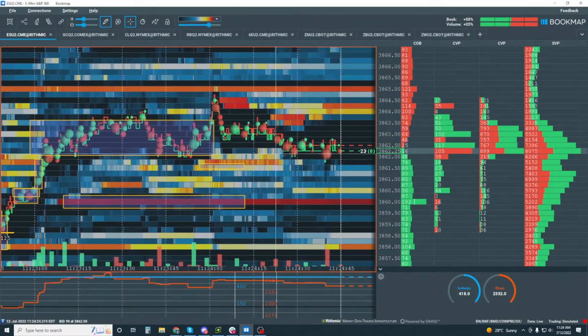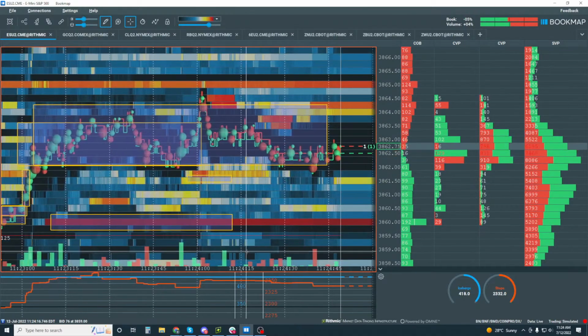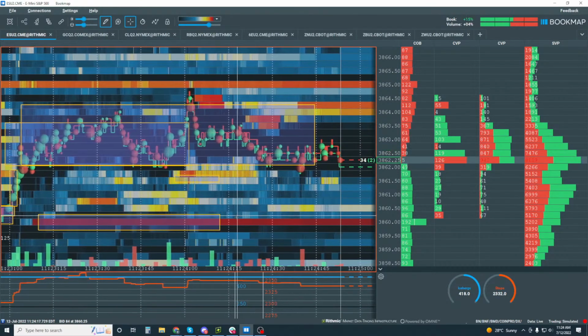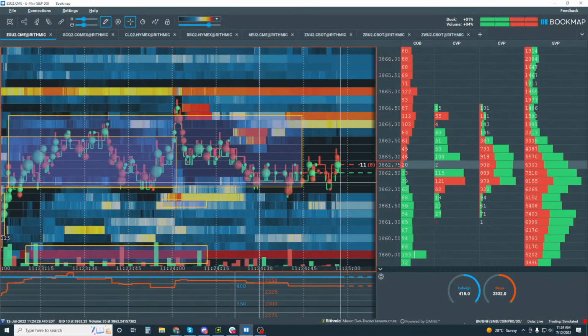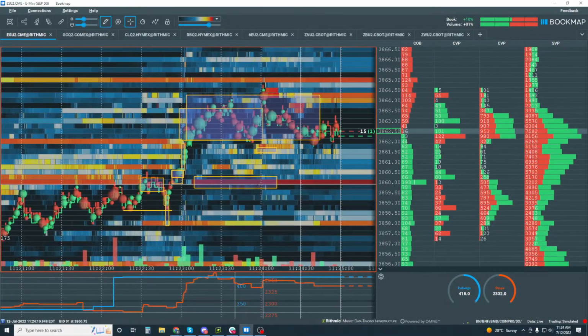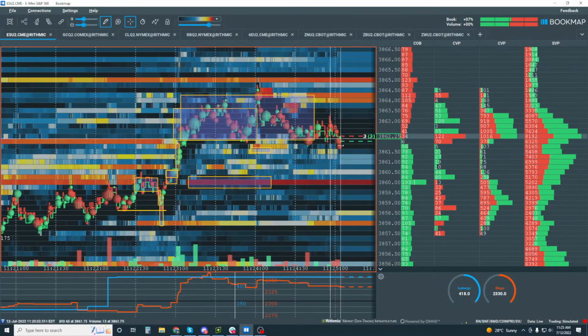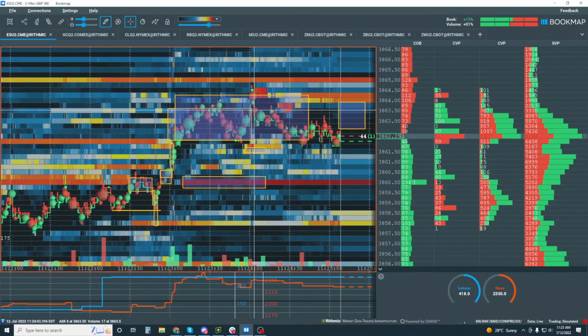Okay, now can the sellers move it away from here? Doesn't look very good. Looking better. Still pretty dark in here. Don't want to see that.